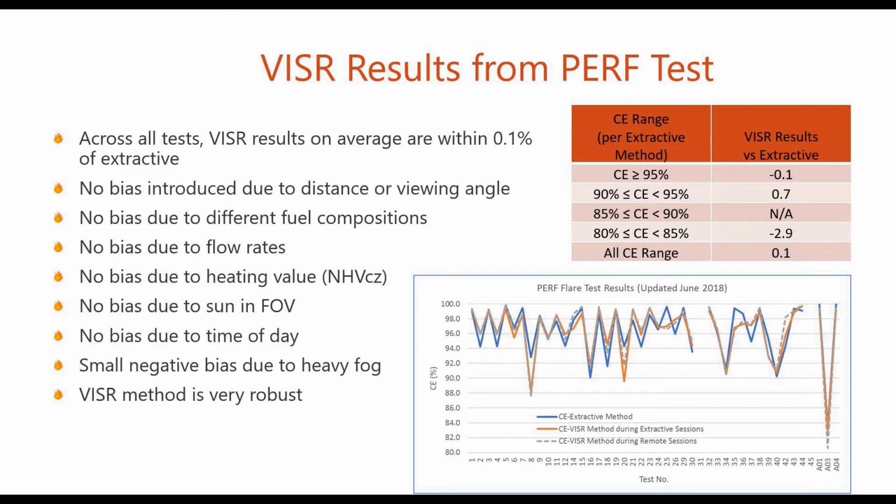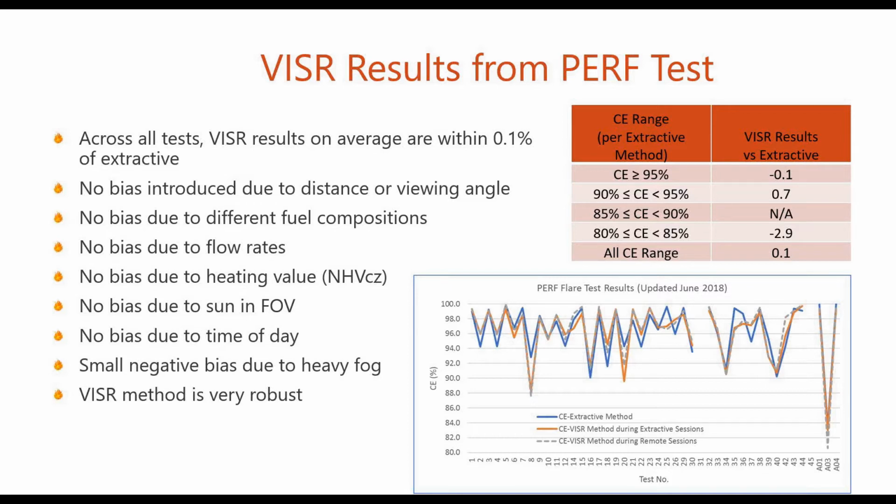So all we can say here is that the two methods start to diverge when combustion efficiency is very low. But when you have good combustion above 90%, the VISR method gives very good results relative to the extractive method.